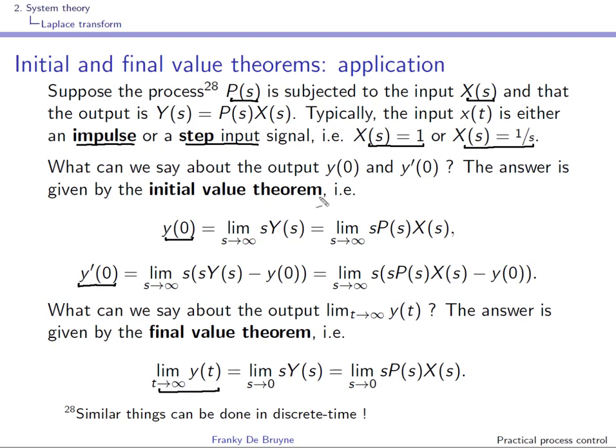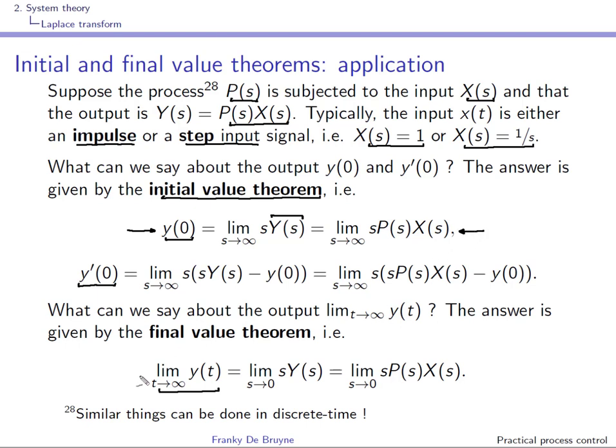So we can apply the initial value theorem to have an idea of the response at the origin, right? This is simply applying the initial value theorem and replacing y of s by P of s times x of s, and this is how you obtain this expression over here.